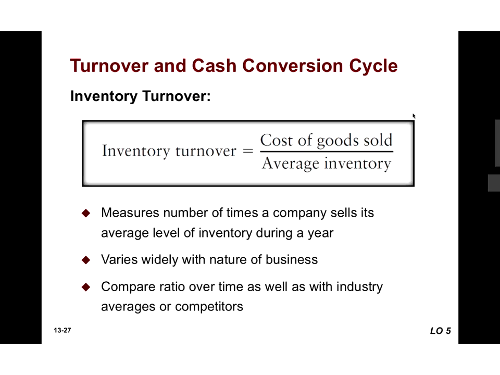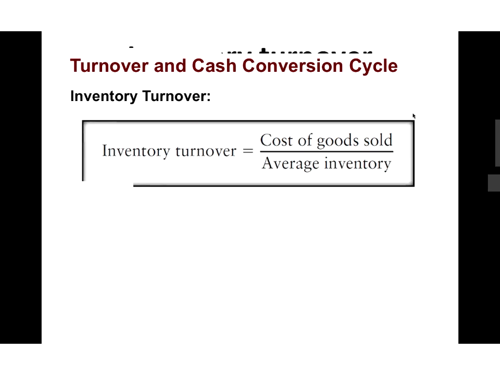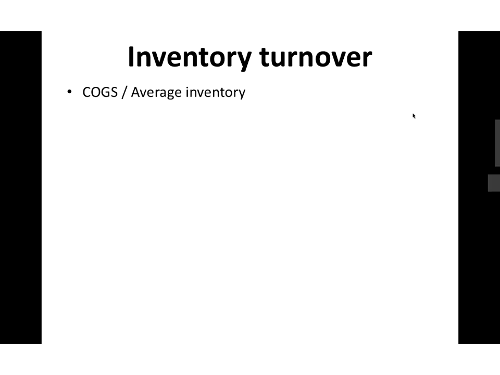But we've got Sears and Walmart here in roughly the same industry. So first, our ratio says to take the cost of goods sold divided by average inventory.